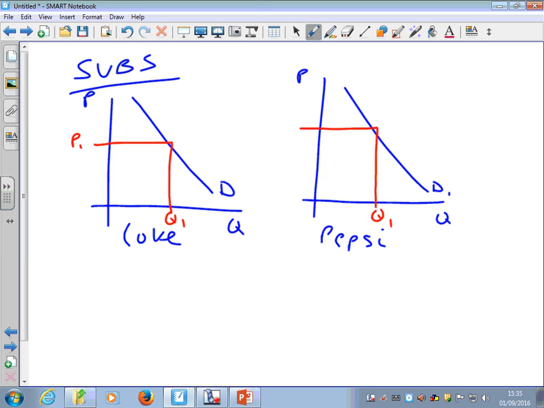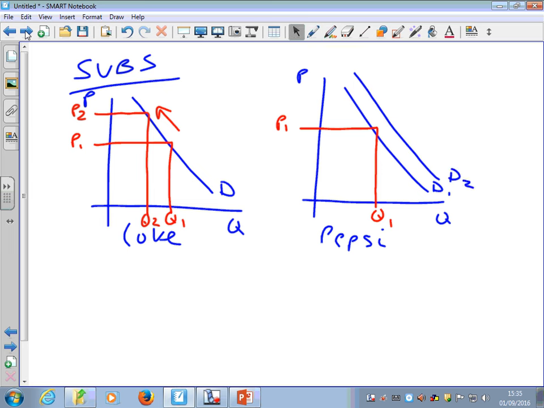Pepsi market, again P1 and Q1. So imagine that Coca-Cola raised their prices up. At the new higher price, fewer people are going to buy Coca-Cola. And because of that, more people are going to go and buy Pepsi.